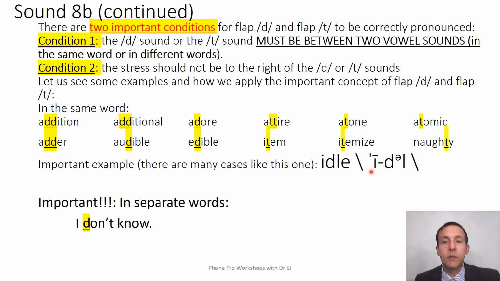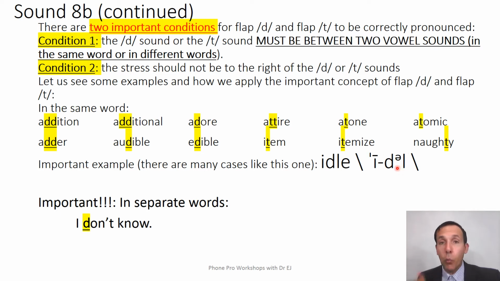See the primary stress here that I explained some slides ago? Here you have idle, and when you take a look at the phonetic transcription, see the slashes between d and you have a small schwa.